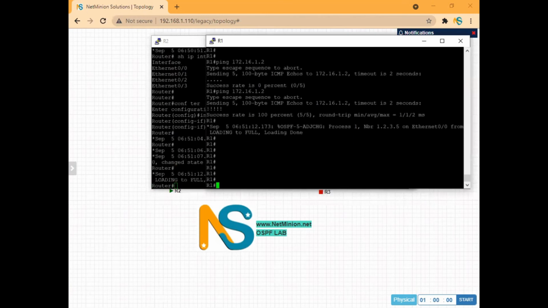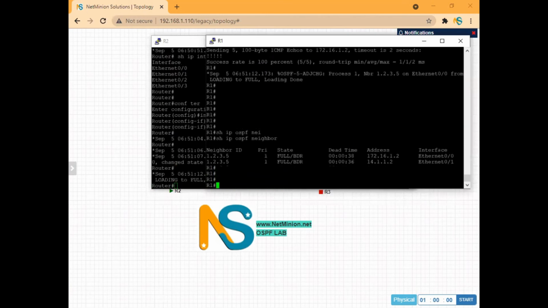For the neighborship, you can see IP OSPF neighbor. Okay, here you go. Are you guys able to see? We are having the neighborship with 14.1.1.2, that means with R4, with the same RID. We are having the neighborship over the interface Ethernet 0/0, meaning R2, with the same RID.